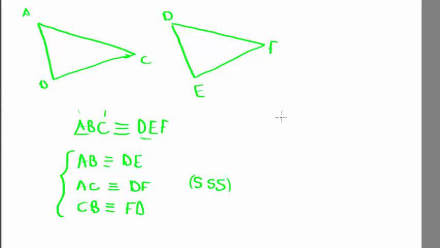If all the sides are equal, then it will follow that all of the angles will also be equal. It doesn't work the other way around. Just because angles are equal doesn't mean sides are equal.